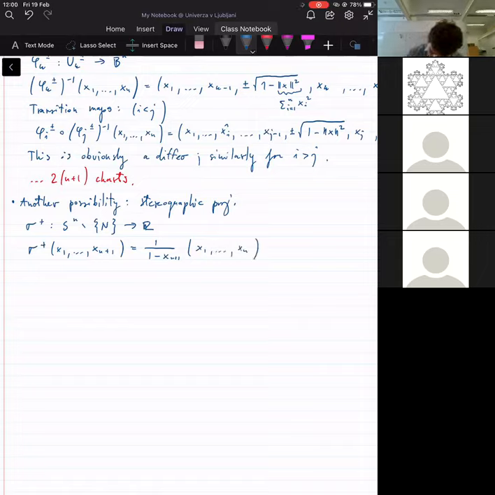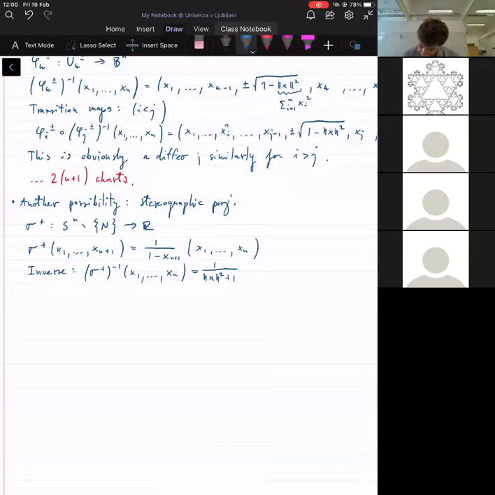So the inverse of this is phi plus to the power of -1. So this is really straightforward to check. We are not going to do it.